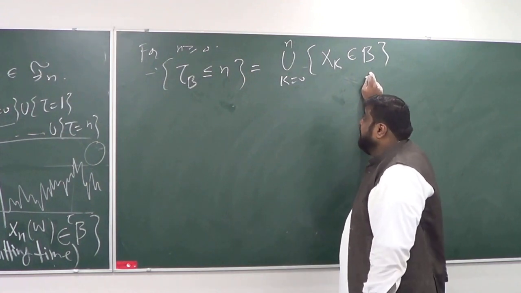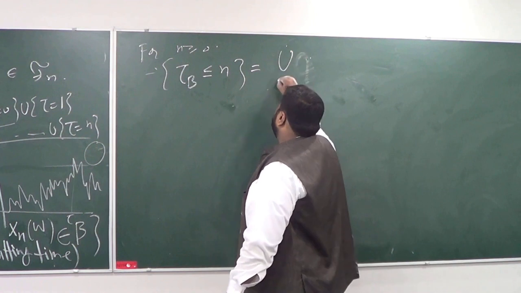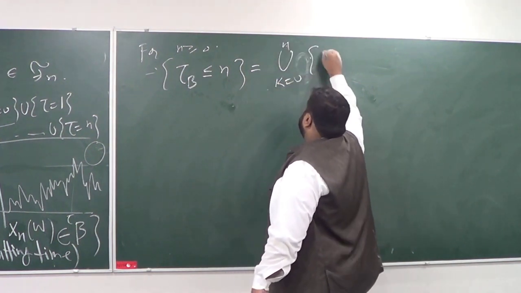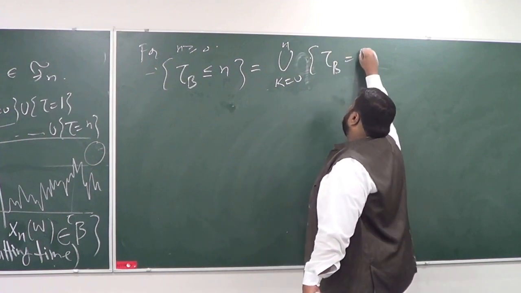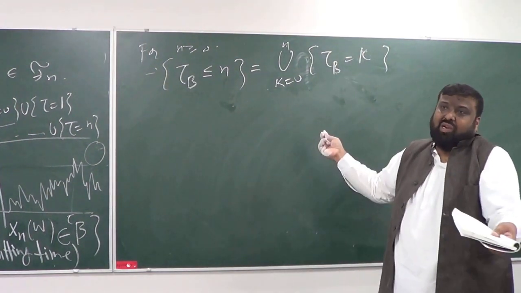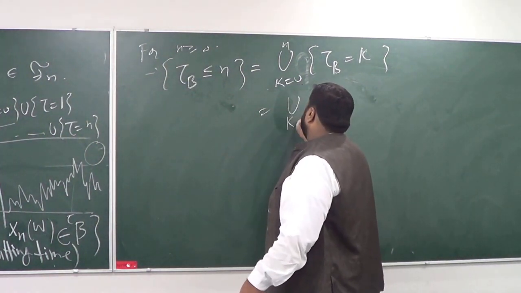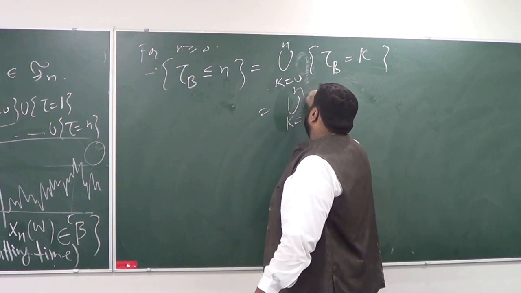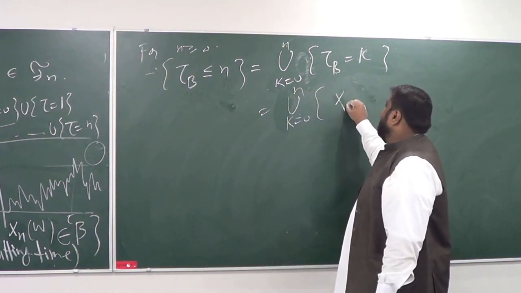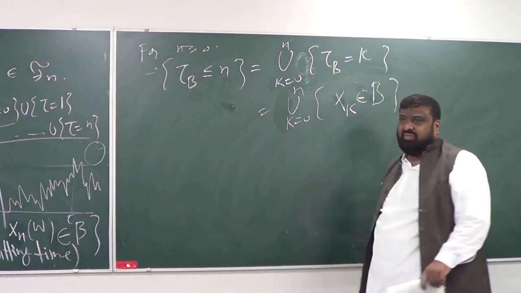To see more explicitly, the union over k equal to 0 to n of the event tau b equal to k. What is the meaning of tau b equal to k? It means that at time k, the process entered into the ball.